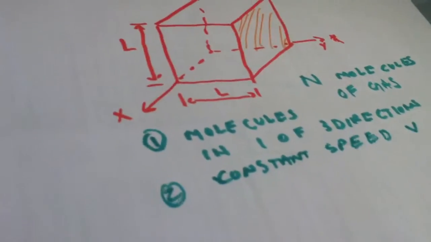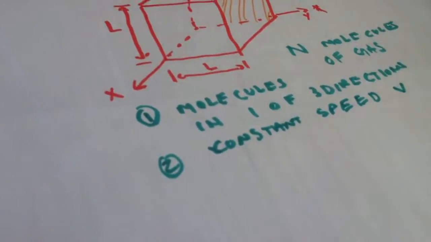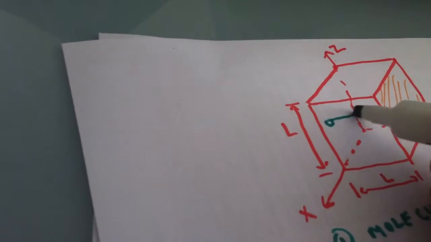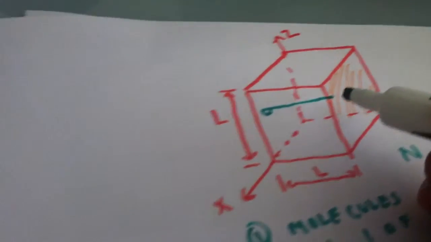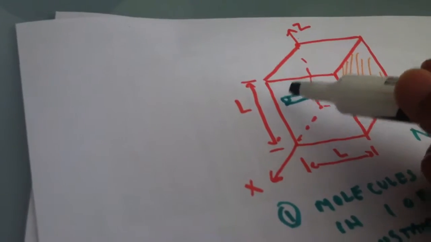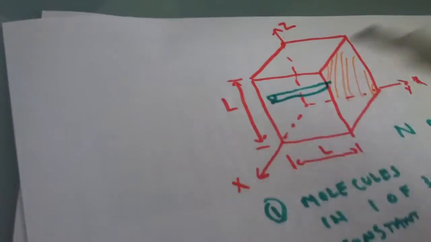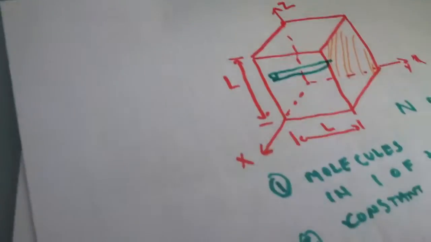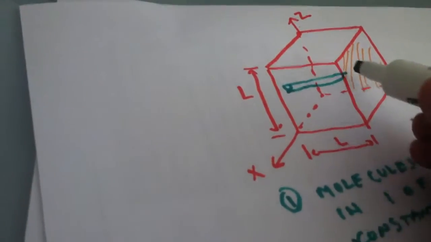So with those assumptions, let's try and trace the trajectory of a molecule which is starting from the left face of the cube, going to the right face of the cube, and then rebounding off and coming here again. Now if this molecule has a mass of m and its velocity is v, then its initial momentum is mv.